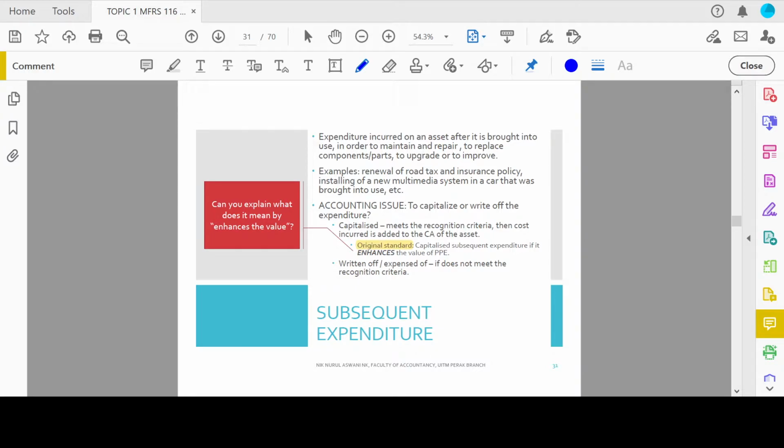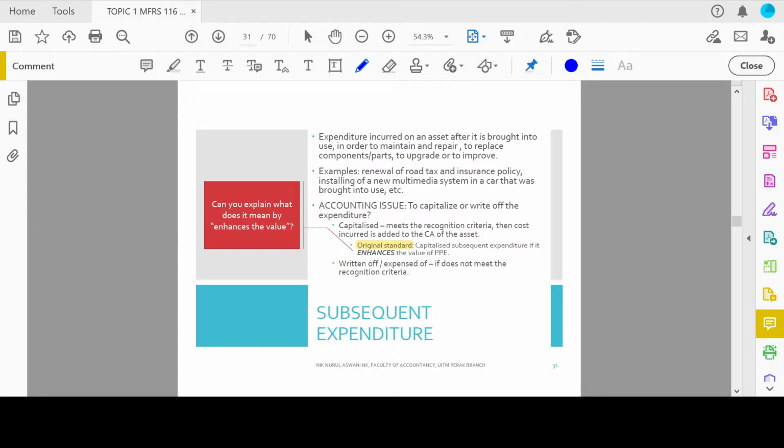For subsequent costs, in order for them to be capitalized as PPE or added to the carrying amount of PPE, the cost must meet the recognition criteria. What are the recognition criteria? The two recognition criteria: number one, it is probable that future economic benefit will flow to the entity, and number two, the cost can be measured reliably.